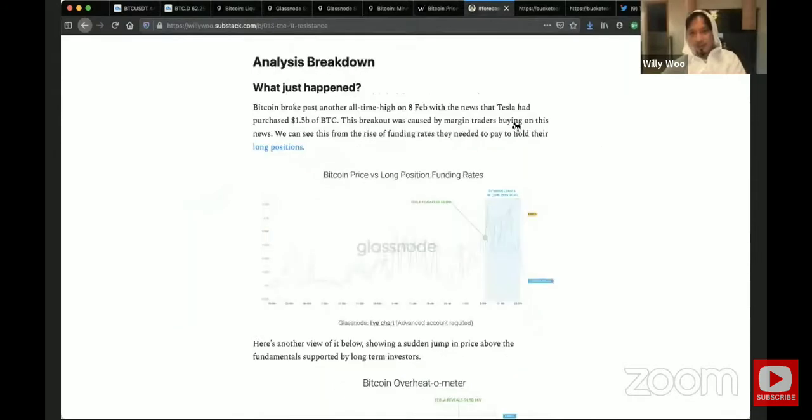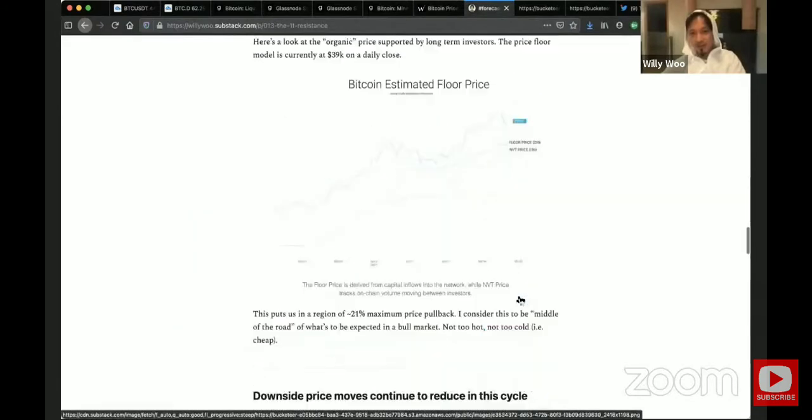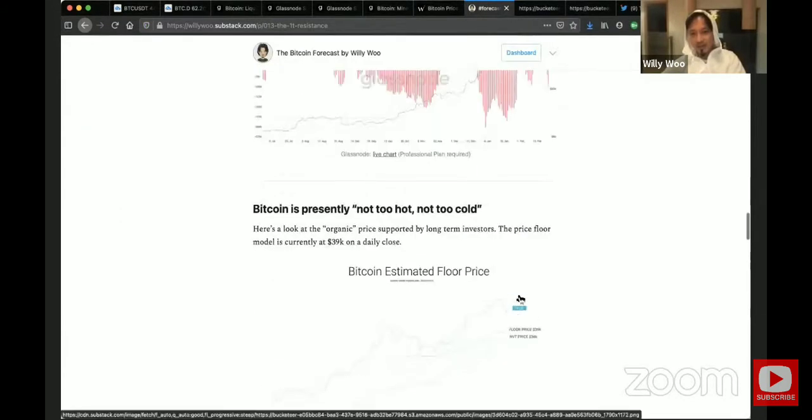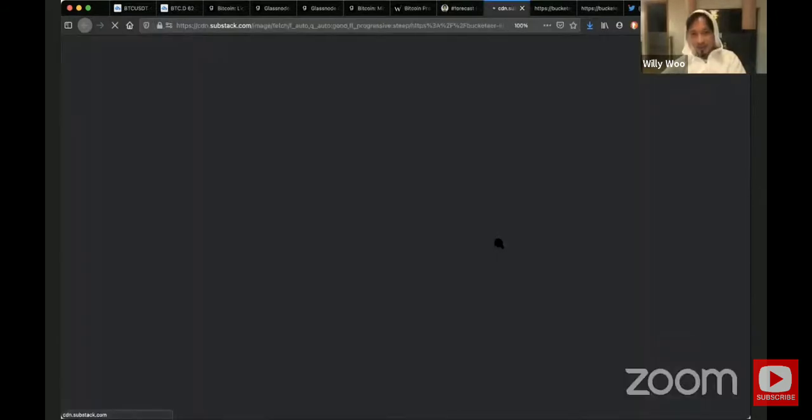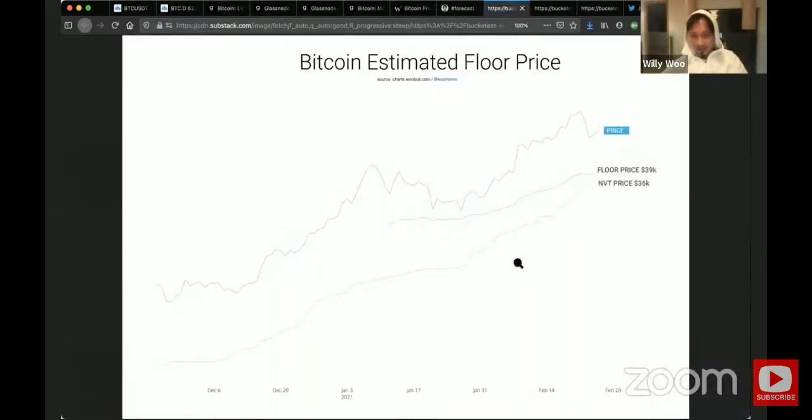And if you want to see the floor, I'll just zoom into the newsletter and see that there. This is just a few days ago. The floor doesn't move much once we're in a correction. It moves up with the price as investment is coming in, and then it stays flat as the price is coming down.